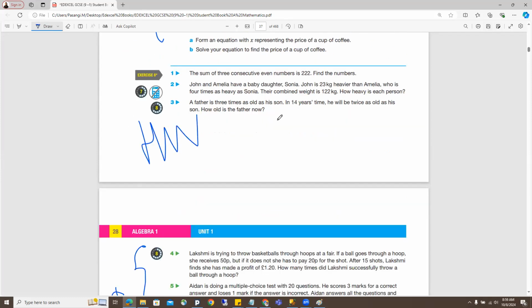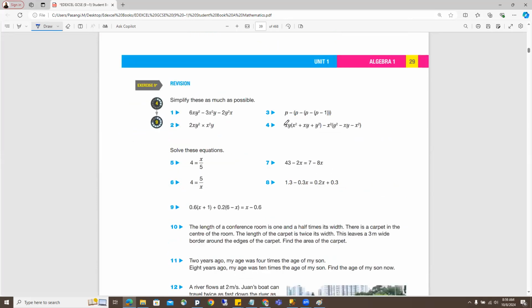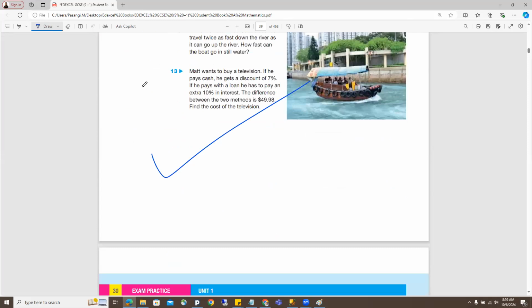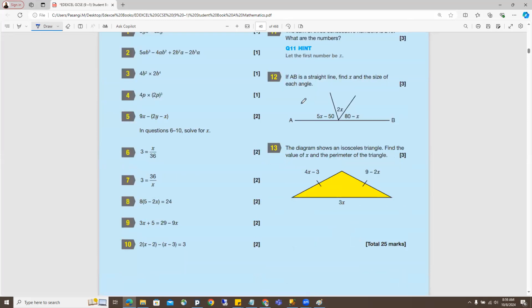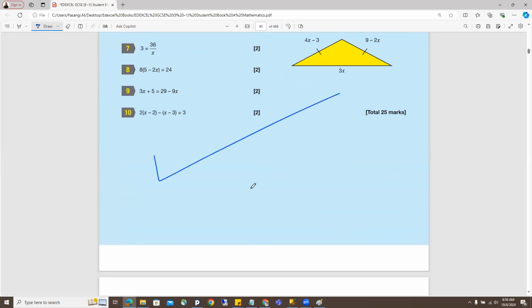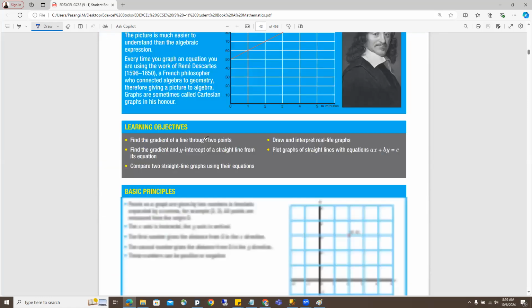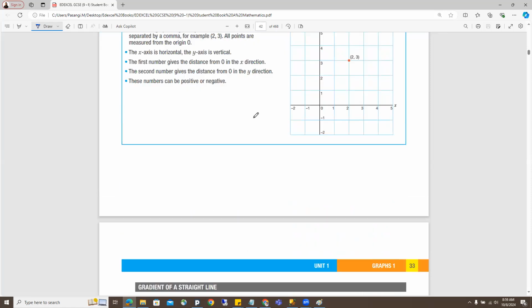You have to do exercise 9, the revision one, also as homework, and these revisions also. Then you have to do the exam practice algebra 1 questions as homework. Then we are done with these. We can move to the graphs from next day onwards.